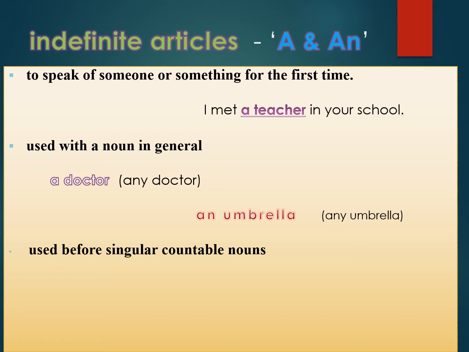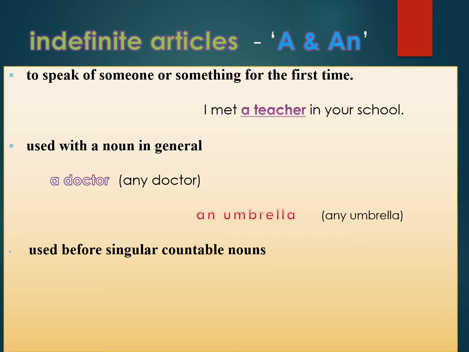Book, books: 1 book, 2 books, 3 books, 4 books, 5 books. Pen: 1 pen, 2 pens, 3 pens, 4 pens. These are all countable nouns. So countable nouns are things we can count. So we can say 1 book, 2 books, 3 books, etc.